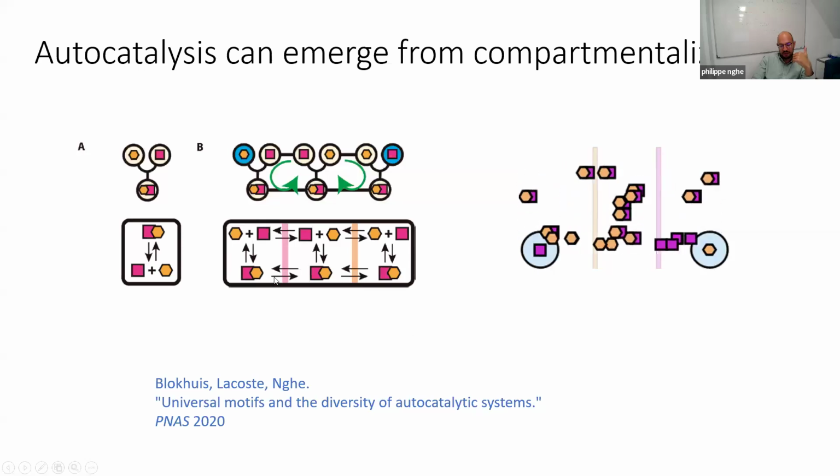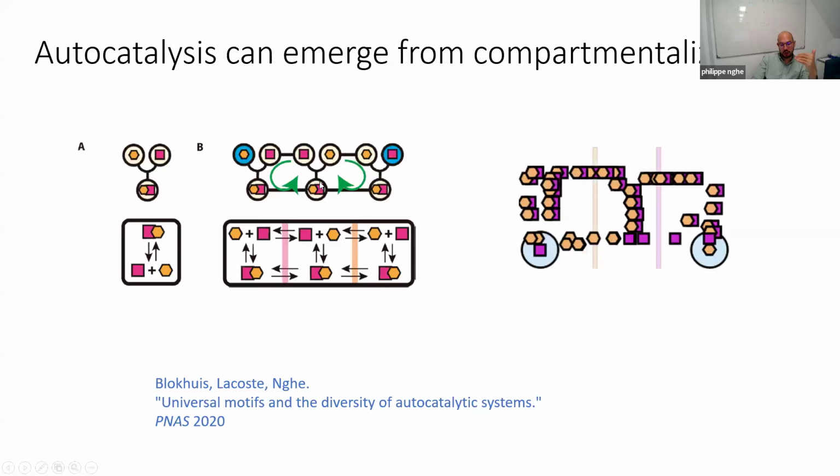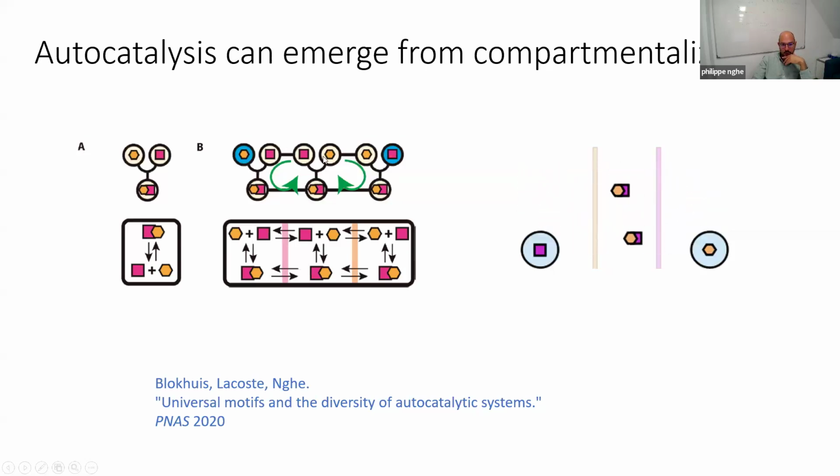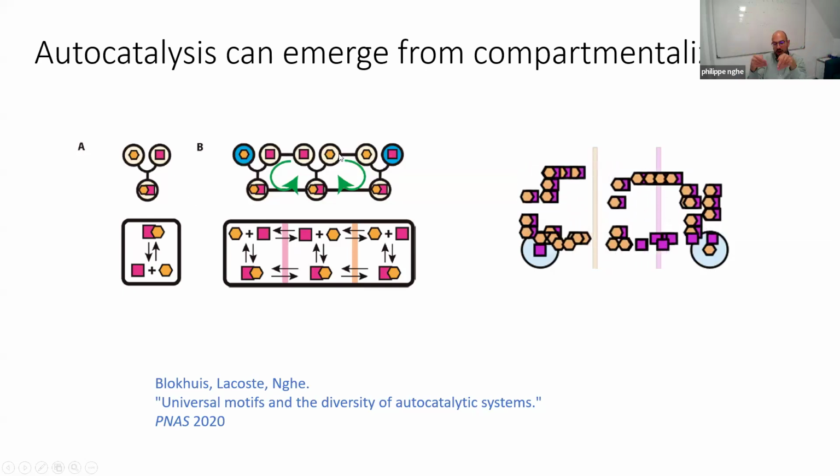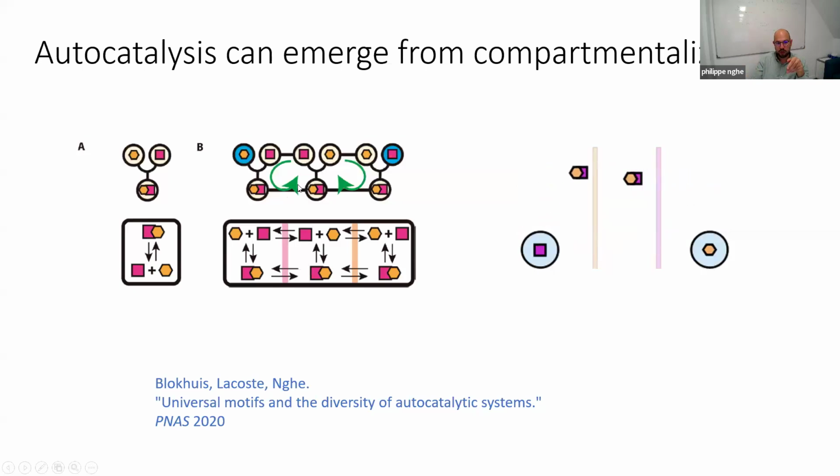And so we found that you have a typical topology among 5 typical topologies, which is the one on panel B, where you have an object that divides into 2 objects, and then you find a way to recover the first object by 2 different branches, which are pictured by the green arrows here.